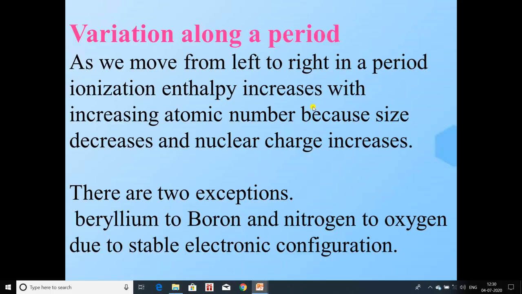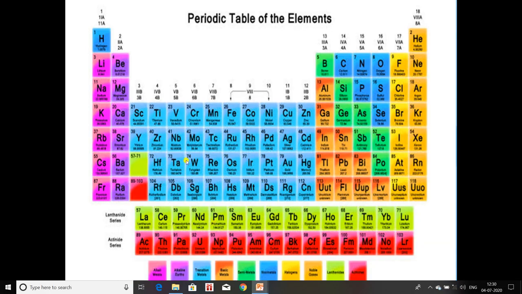But there are two exceptions here, like beryllium to boron. You can see here when we go from beryllium to boron, ionization enthalpy should increase. But here there is an exception: from beryllium to boron, ionization enthalpy decreases. Why? We have already discussed this example.